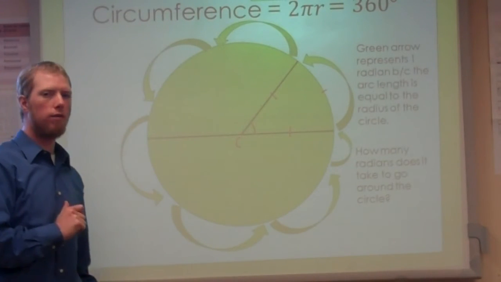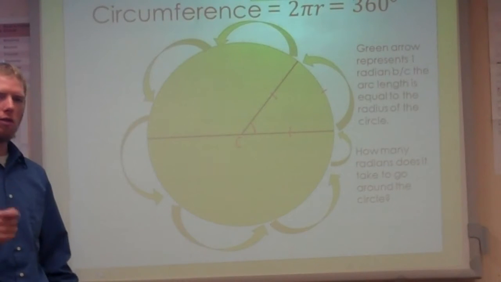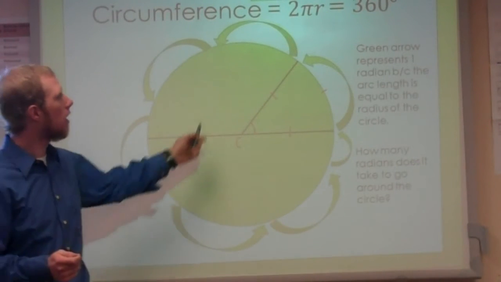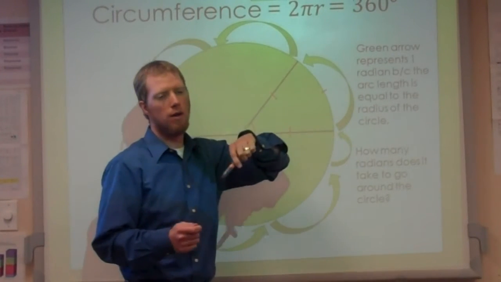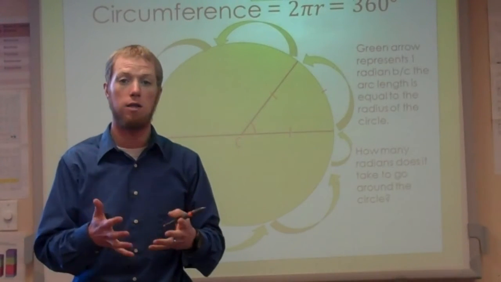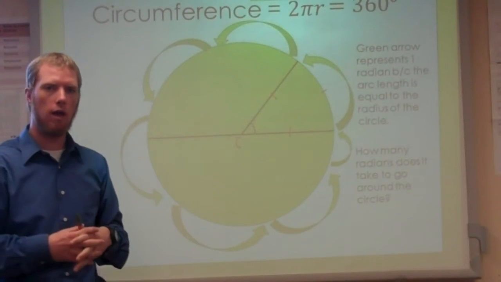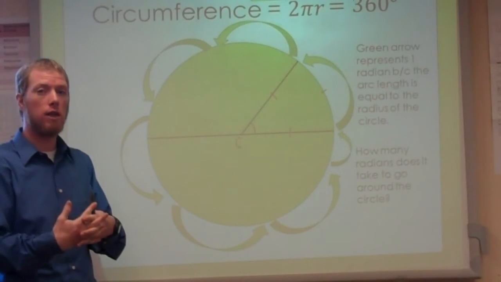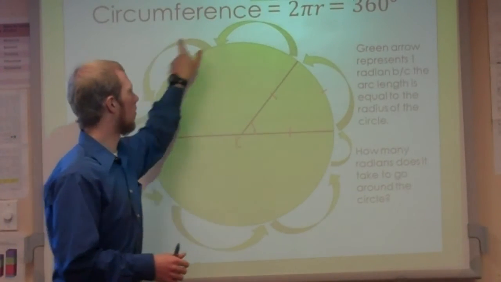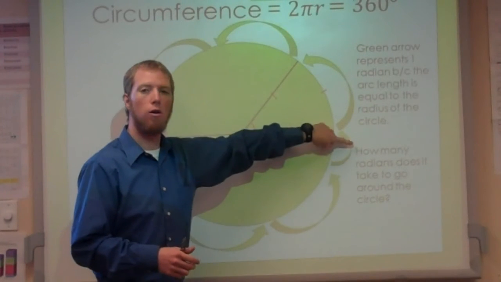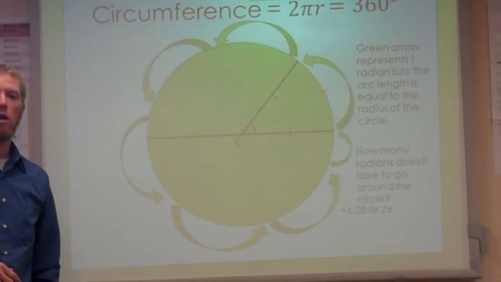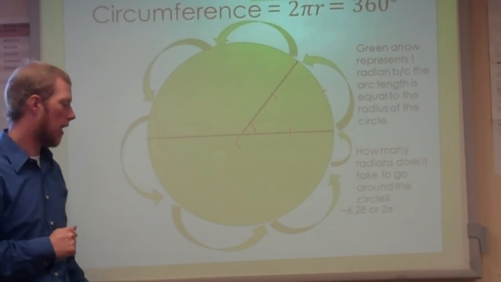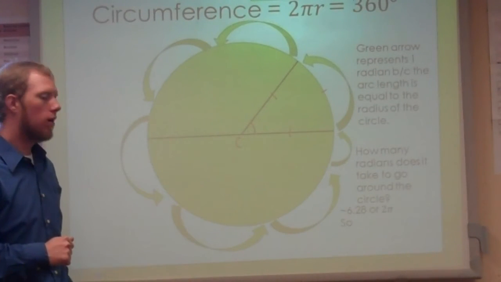And that little bit left over is 0.28 because it takes 2 times pi. The rough estimation of pi is 3.14, and so if you double that, you get 6.28, more accurately represented as 2 pi.